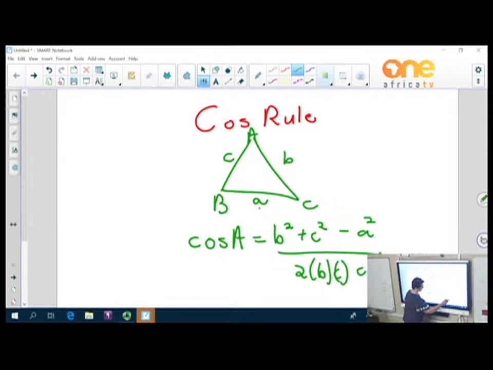Cosine B would be over 2AC. So it is actually the same formula which we just algebraically change, but I prefer for you to learn it like this because otherwise you make mistakes when we do that.